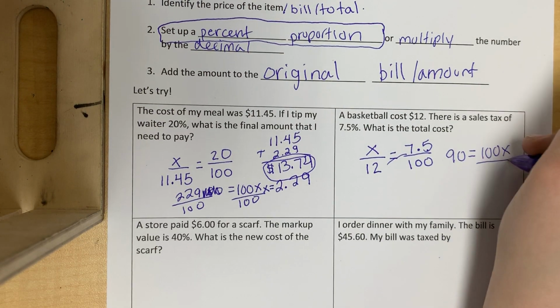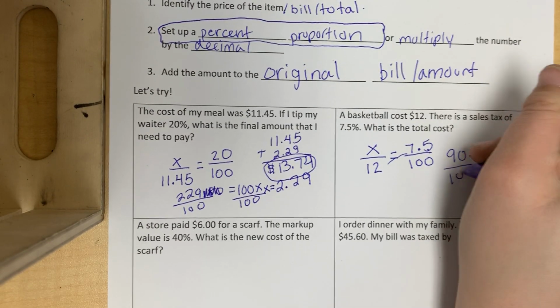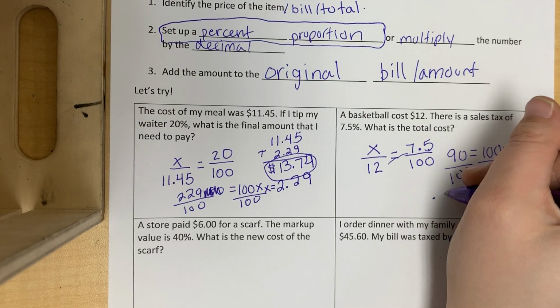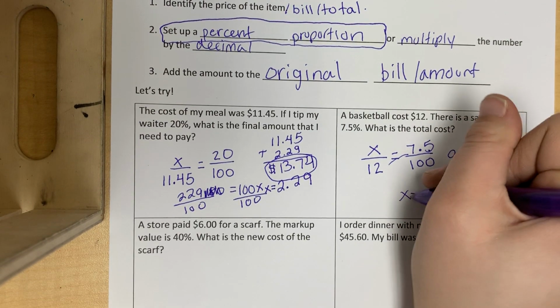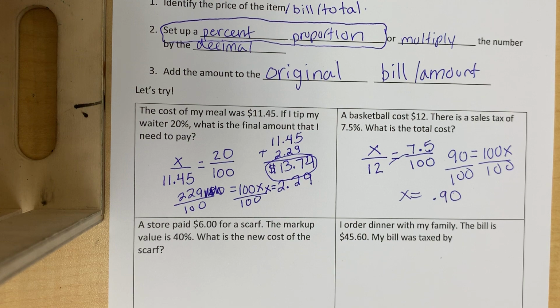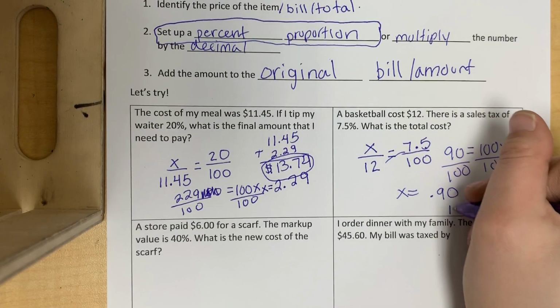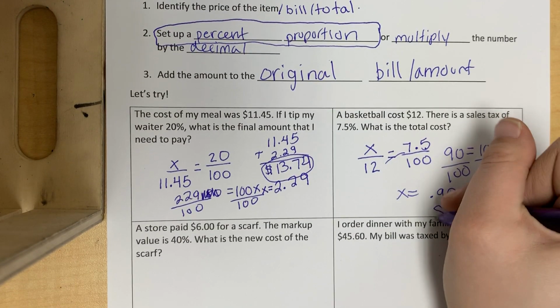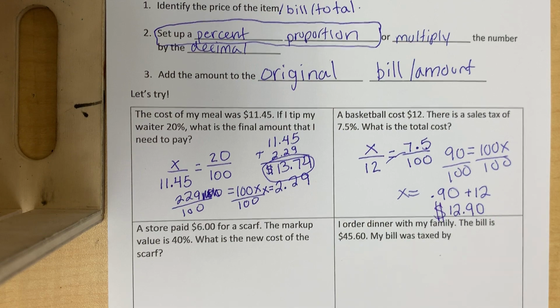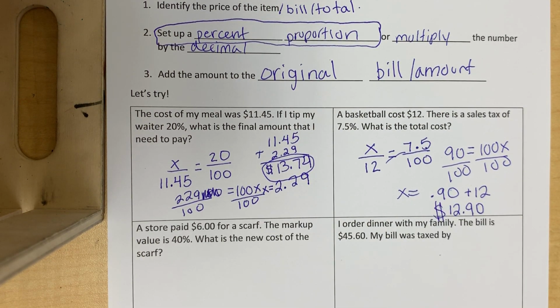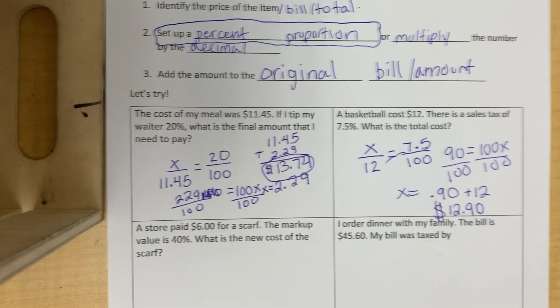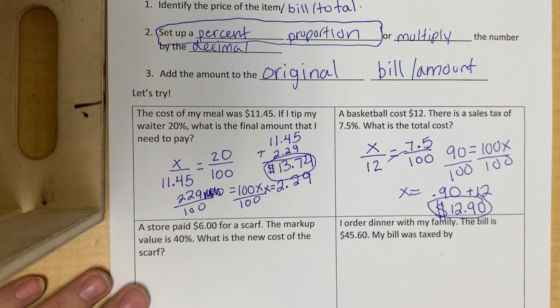Divide by 100, and it's going to equal 90 cents. So 7.5% of $12 is 90 cents. We add it to the 12 to get $12.90. That is the total cost. That 90 cents was just the tax, and that $12 was the original amount. We add it together to get our total amount.